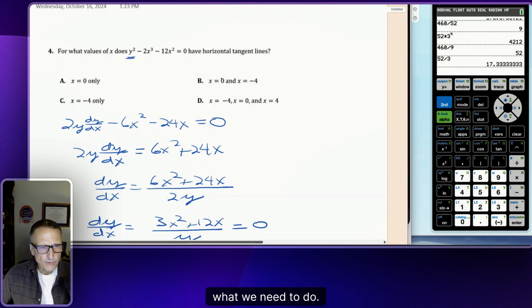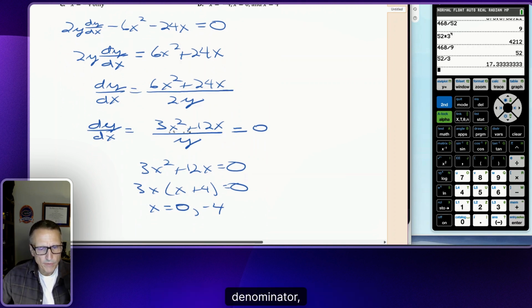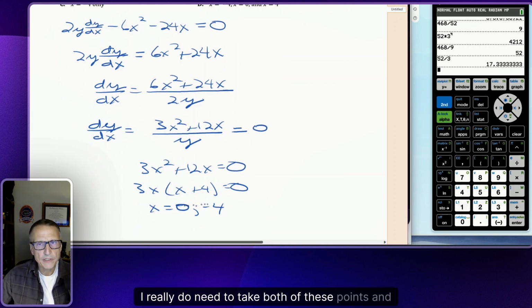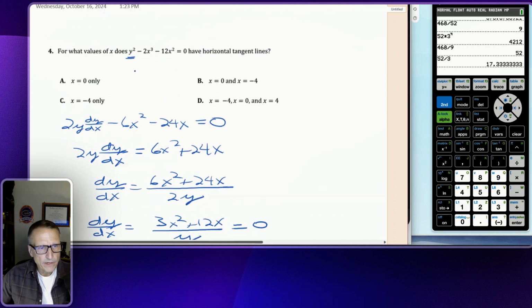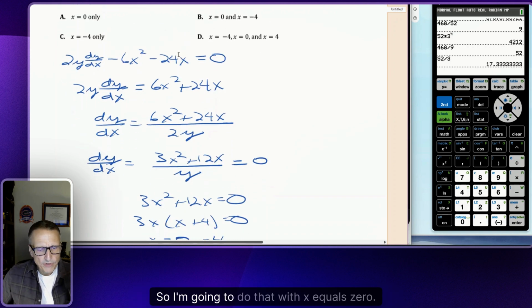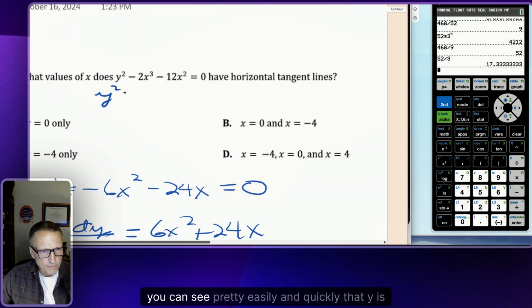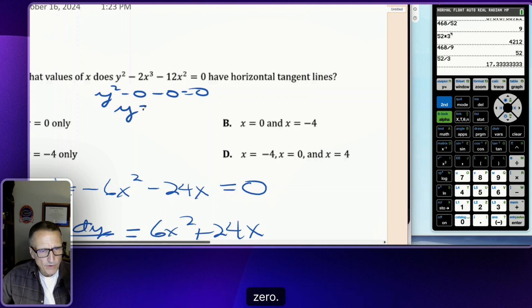Because here's what we need to do. Because of the fact that we have y in the denominator, I really do need to take both of these points back to the original curve equation and find the y value that goes with each of those. So I'm going to do that with x equals 0. If I let x equals 0, you can see pretty easily and quickly that y is 0.